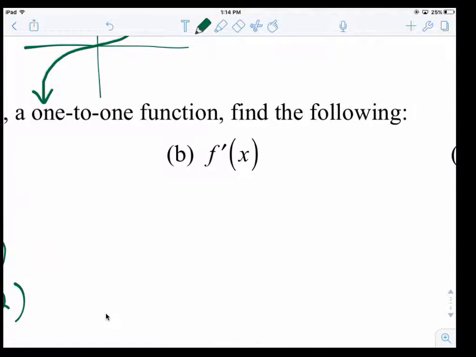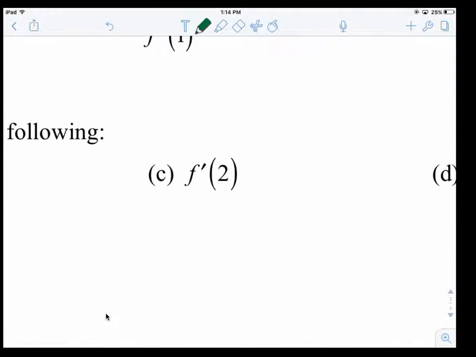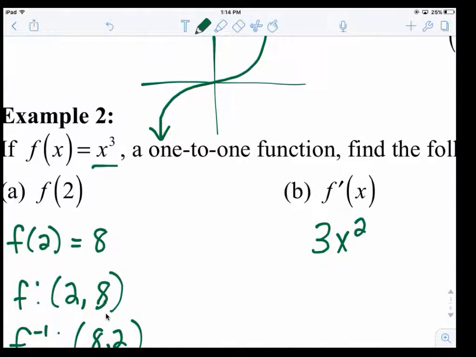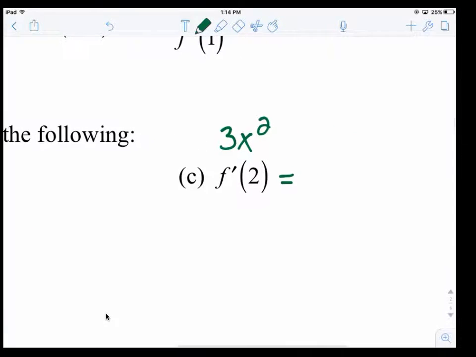All right, what is the derivative of f? And then what is f prime of 2? You know f prime is 3x squared, and then what's f prime of 2? You take the derivative of x cubed, and so you get 12.